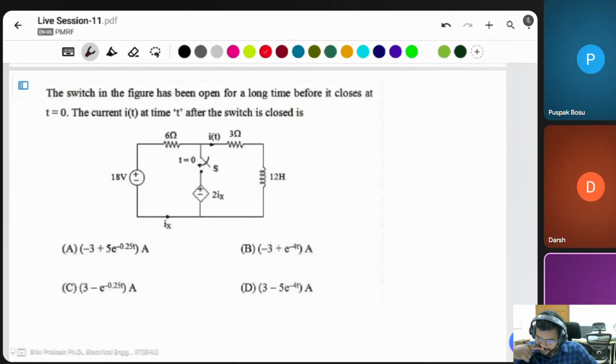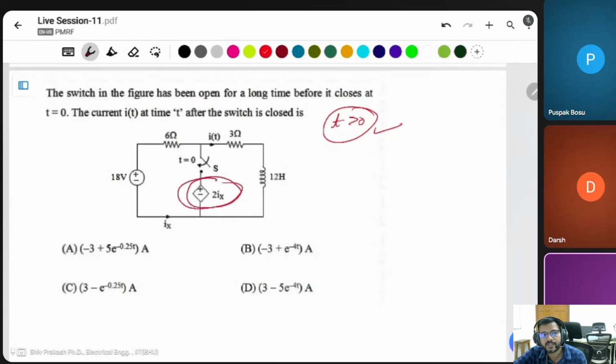You have to find the current iL(t) at time t after the switch is closed, that is, for t greater than 0. You have to find this current. But here a dependent source is there, so you have to carefully handle the dependent source.